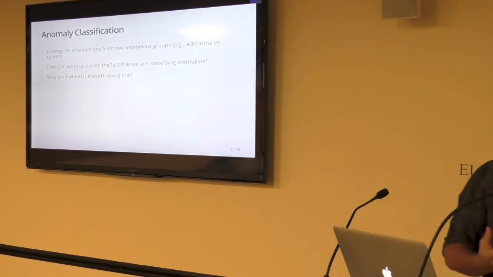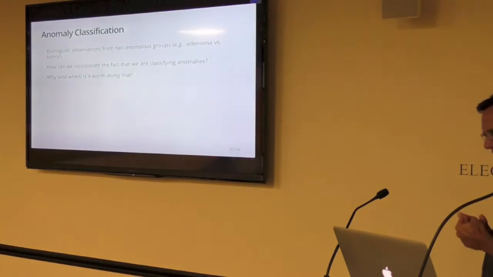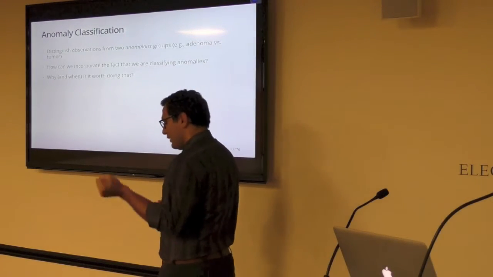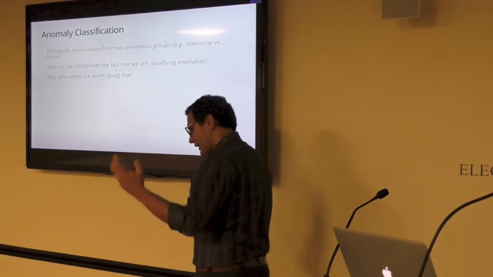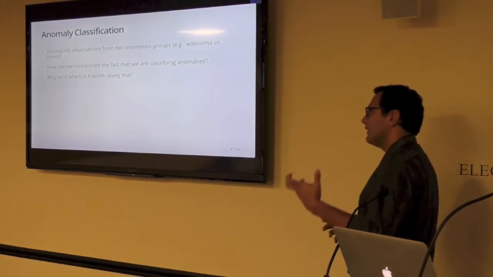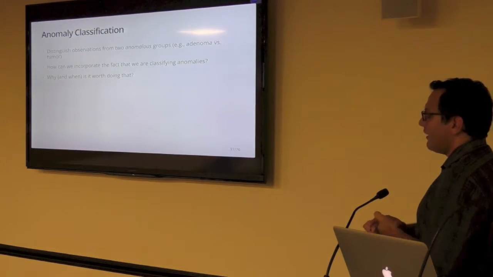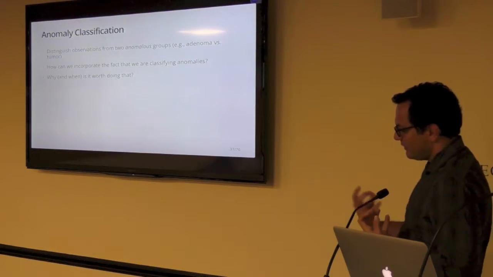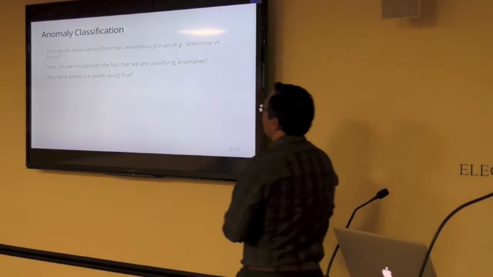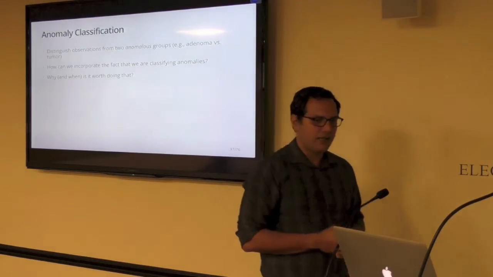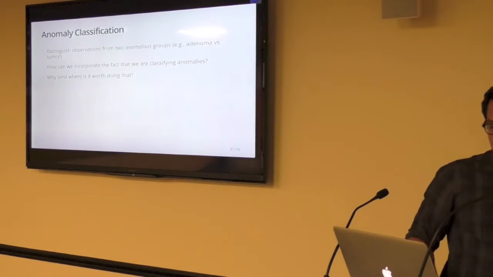So how can we incorporate the fact that we are classifying anomalies, so that we have this group that is stable and behaves in a fairly well behaved manner, and when we're trying to distinguish between these two anomalies, how can we make use of that stable class to help us? So why and when is it worth doing that?